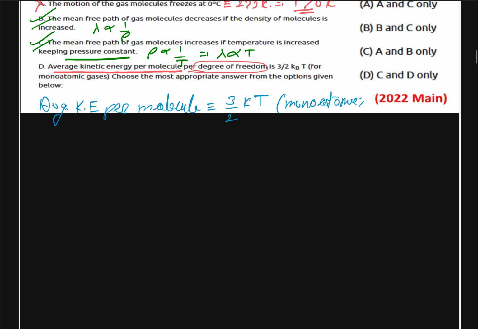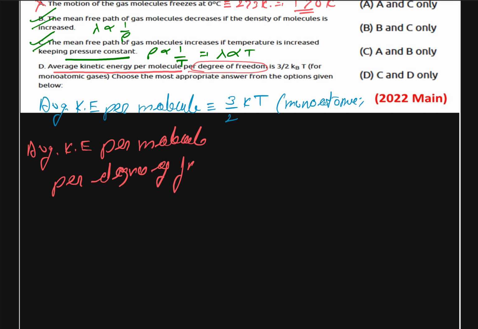If we want to write this per degree of freedom, because the degrees of freedom is 3, this comes as 1/2 kT.